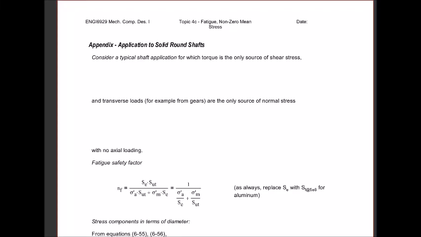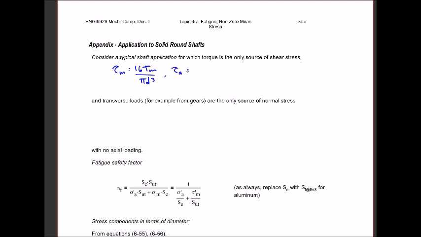There exist convenient design equations for fatigue with both alternating and mean stresses that apply to solid round shafts. So if we consider a typical shaft application where the only source of tau is torque, and that torque maybe has an alternating and a mean component, well, then we're going to have a mean shear stress, which is 16 times the mean torque over pi d cubed.